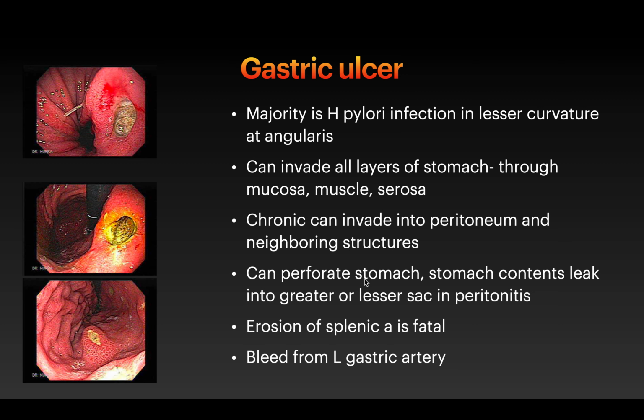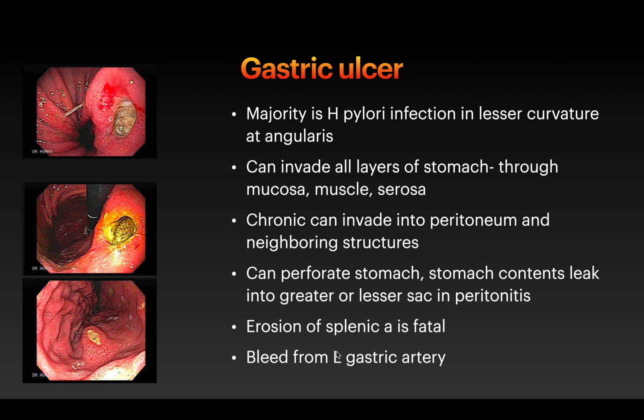So remember what the stomach is surrounded by: the pancreas, the liver, the diaphragm, the transverse mesocolon. They can go anywhere, and it can perforate the stomach itself, allowing the chyme and the stomach acid to leak into the greater or lesser sac, and then that causes peritonitis.